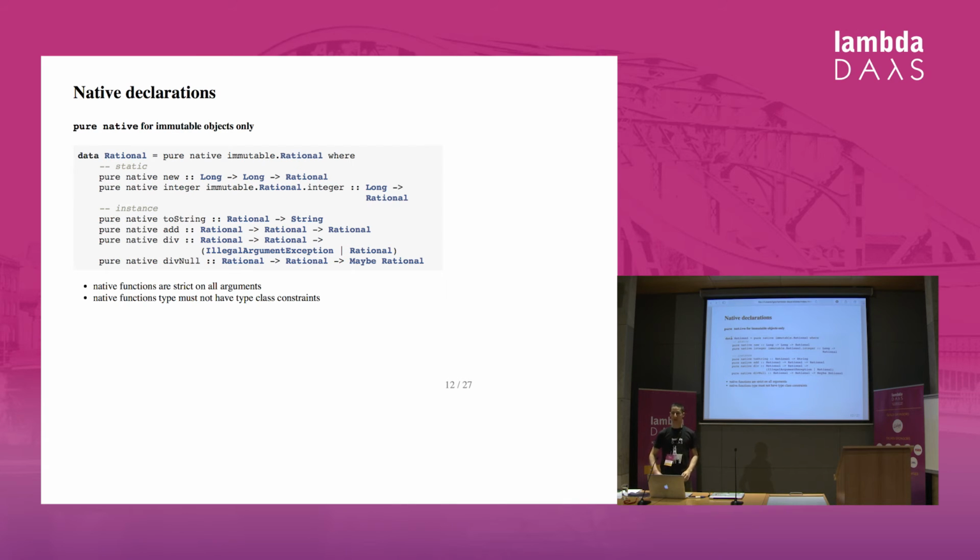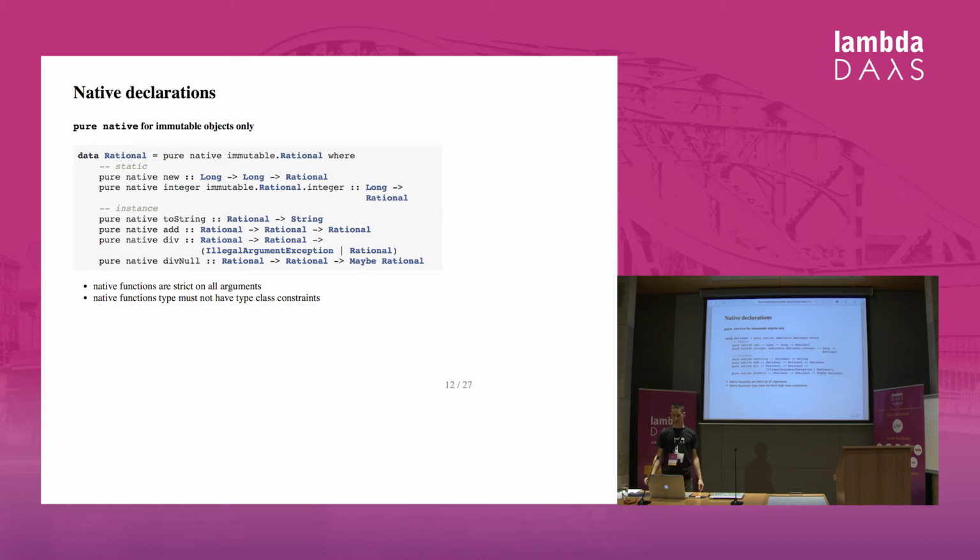And this is the part I told I will go into more details, these native declarations, because this is glue which is really important, especially in the beginning. There is an easy case when you deal with pure types, which are uncommon in a JVM world.